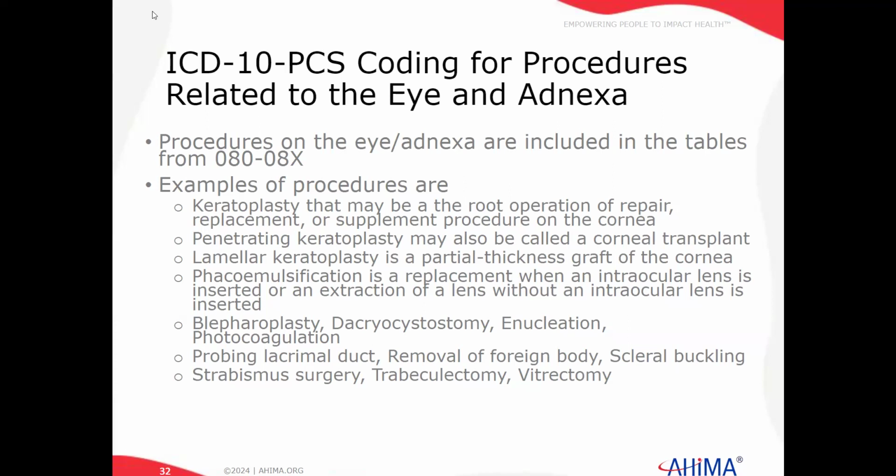These are things like keratoplasties, the repair of the cornea, emulsification, the replacement of an intraocular lens, photocoagulation, and so on, right? Vitrectomy, right? Ectomy, removal, right? So if you understand what these terms are, it will make a lot more sense rather than just fumbling around the tables 080 through 08X.